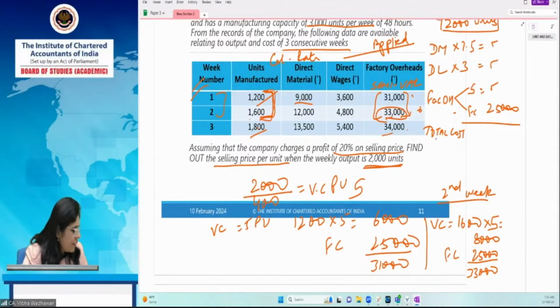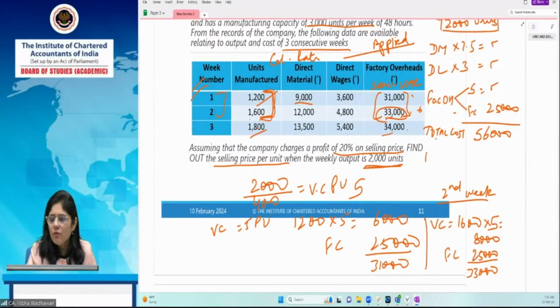Okay, total cost comes out to 56,000. That is the total cost.